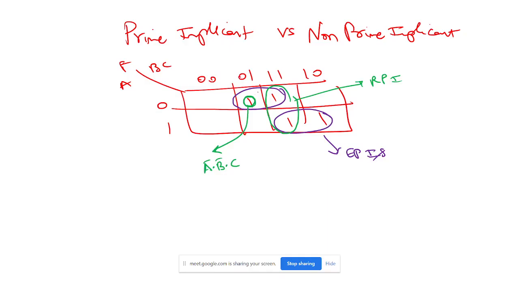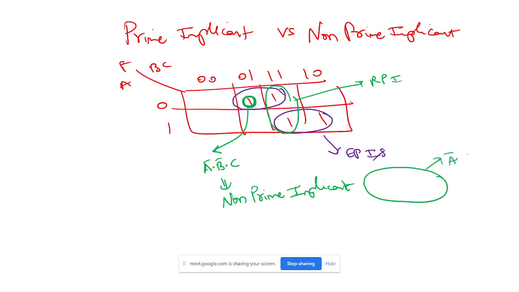Now, this A bar, B bar, C, if you show it to me, what is this? This is called non-prime. Why it is called non-prime is there is a bigger implicant which is A bar C. Within that this guy is present.